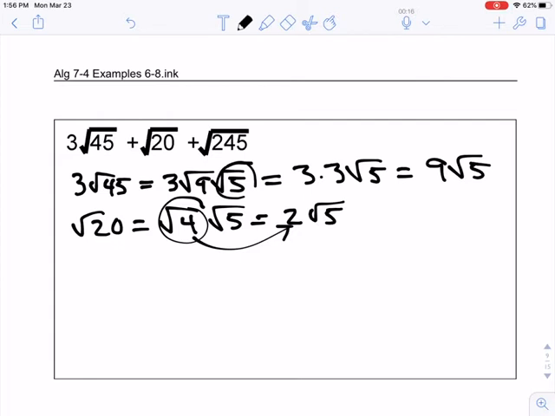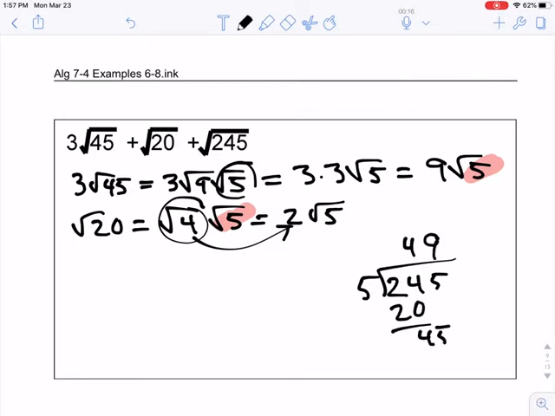All right, last one. What's interesting about this is it's a pretty big number, but I know that these other two wound up with square roots of 5. So I'm going to just divide 245 by 5 and see what I get. I haven't done this problem before, so I'm doing this in real time.